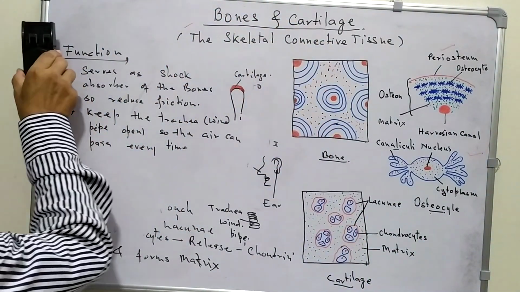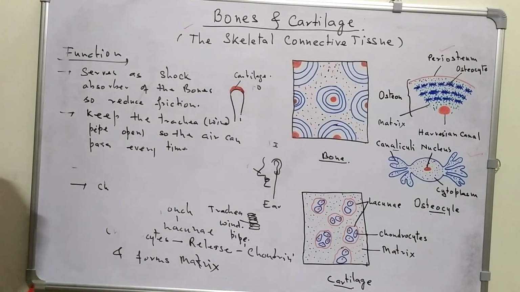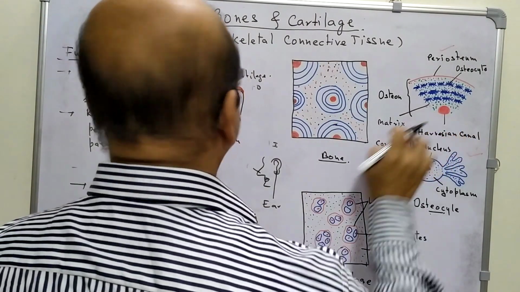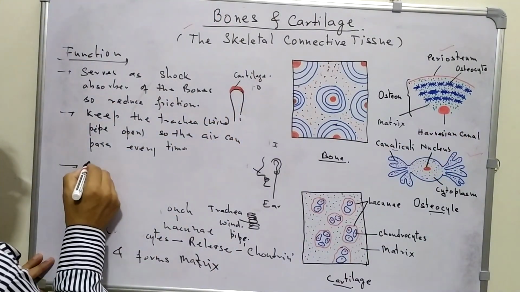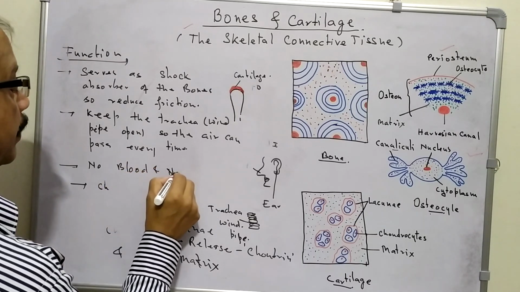Now the difference. One more thing, in bone the blood and nerve supply was there. Here, in cartilage, no blood and nerve supply.